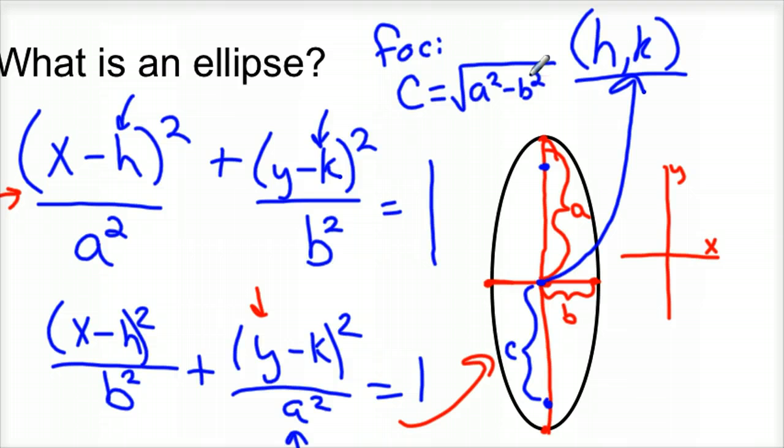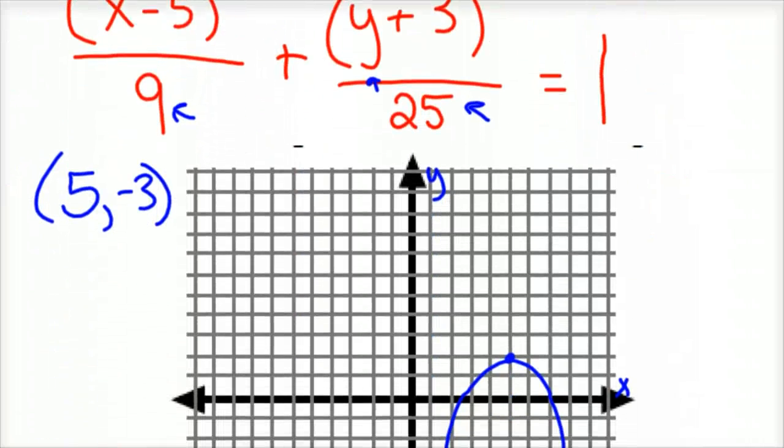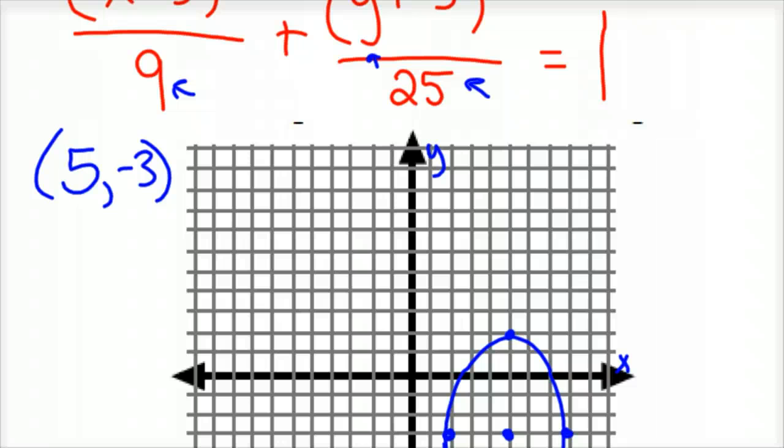So you subtract, like in our case, the 25 and the 9, and take the square root of it. So in our case, our c value for our foci is equal to the square root of 25 minus 9.